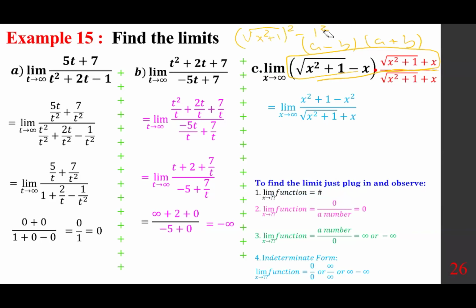This is x. And so these two cancel each other, everybody. And now if I plug in infinity, then the denominator is infinity plus infinity, and the answer is 0.